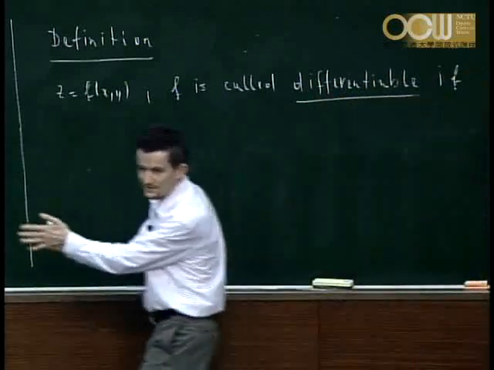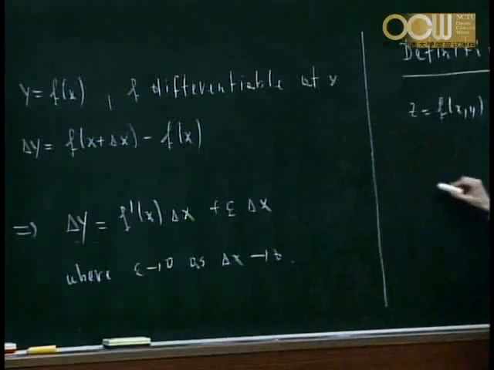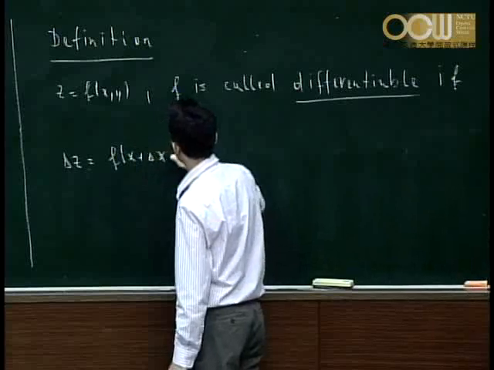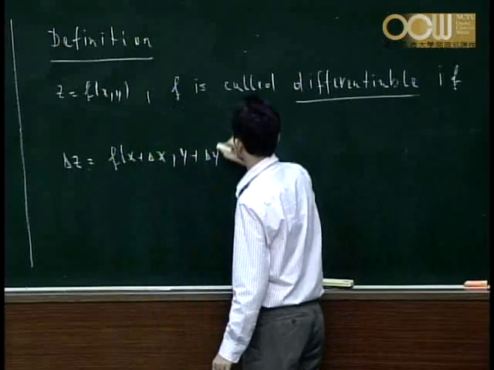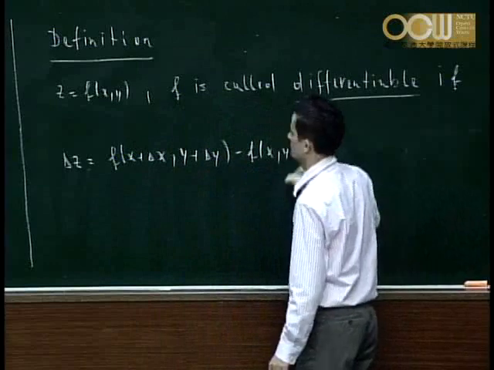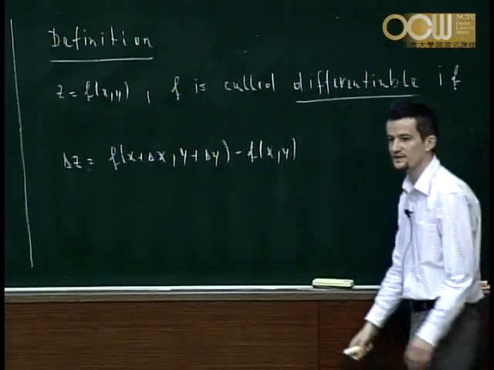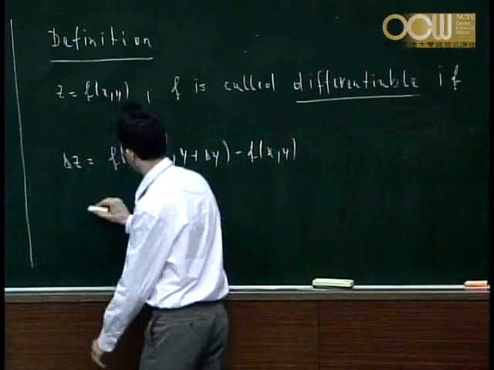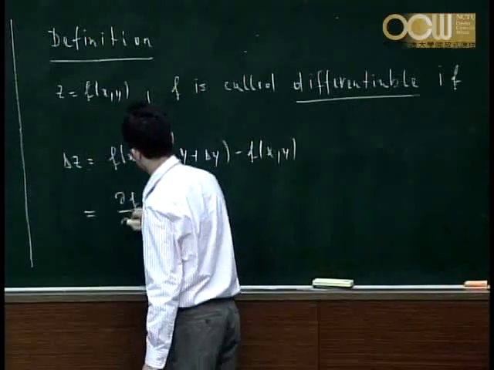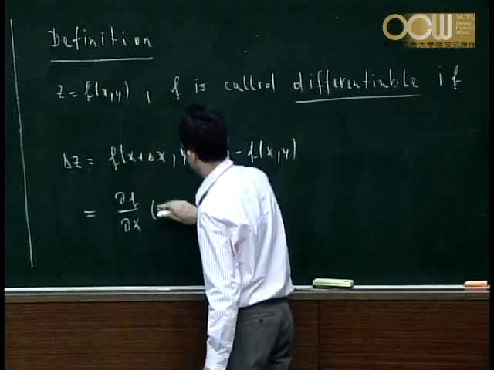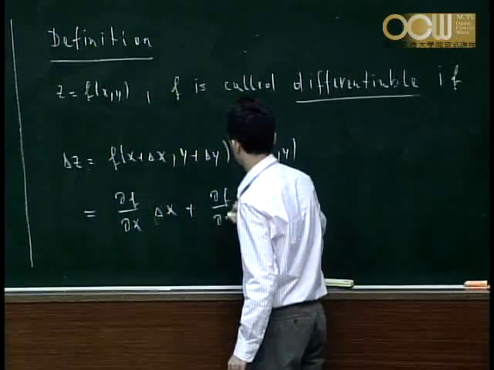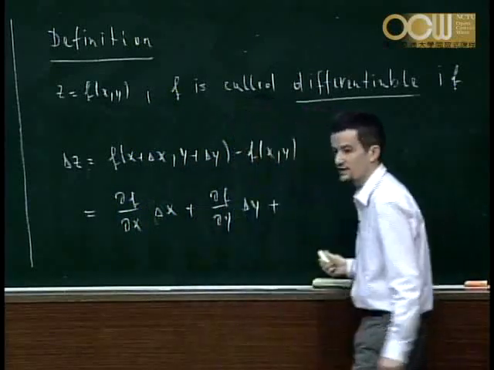similarly, we look at delta z, which I should write as f of x plus delta x, y plus delta y, minus f of x y. This should be close to the approximation you get from the tangent plane. So we write this as equal to the partial derivative of f with respect to x times delta x, plus the partial derivative of f with respect to y times delta y, plus an error.